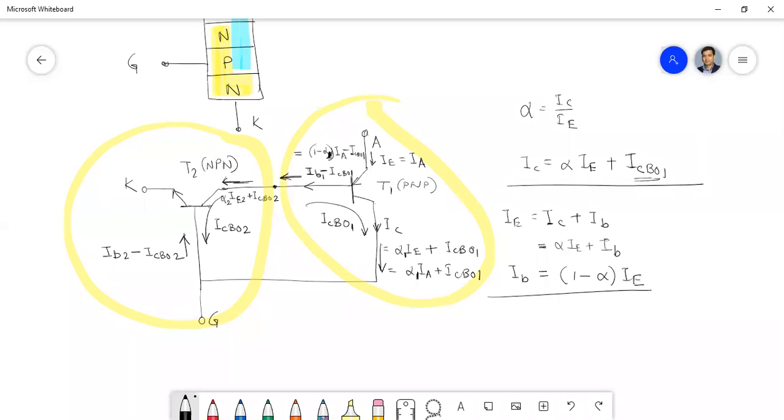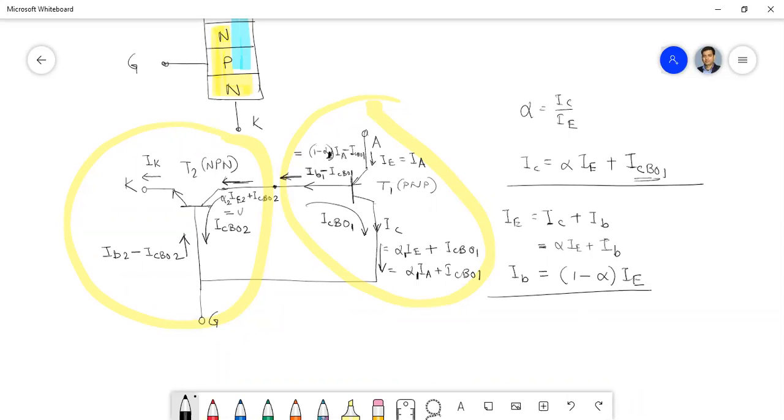Now it is correct, equals to, what is IE2 here? Here the emitter current for transistor 2 is basically the cathode current, isn't it? Here the emitter current is basically the cathode current for the main thyristor.